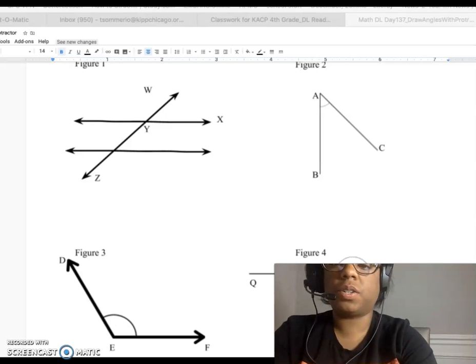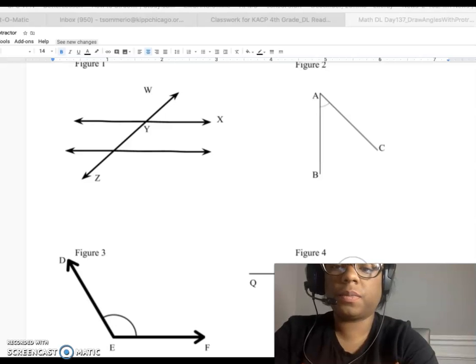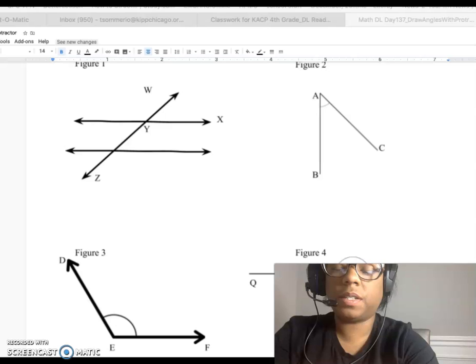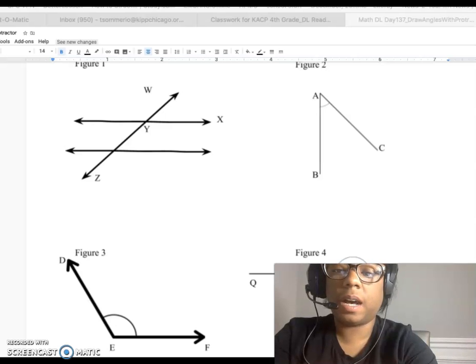And when I measure that angle, and I start at the vertex and I measure it out, it is an obtuse angle, and it measures 10, 20, 30, 40, 50, 60, 70, 80, 90, 100, 110, 120, 130, 140 degrees.